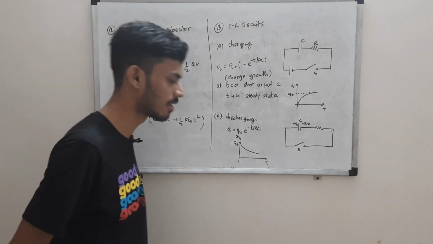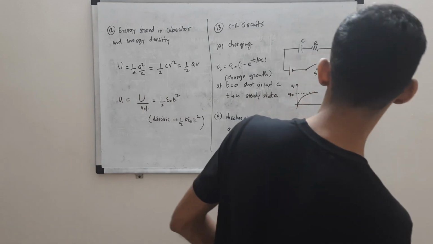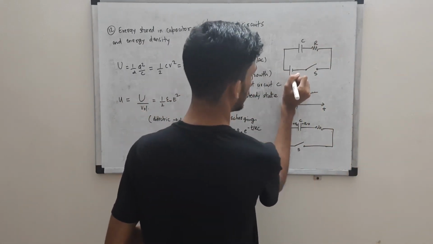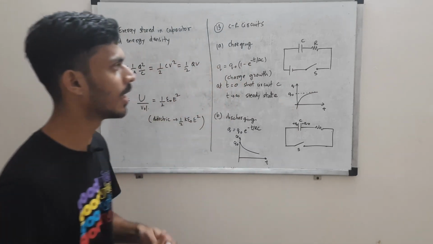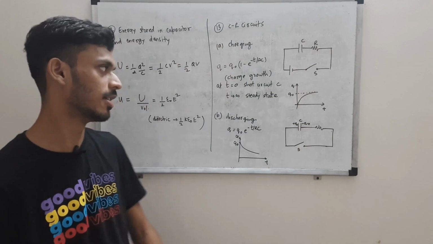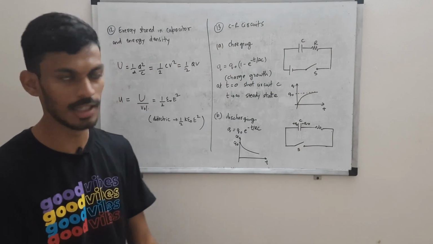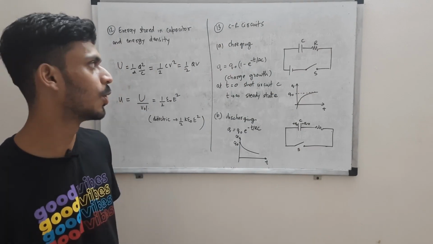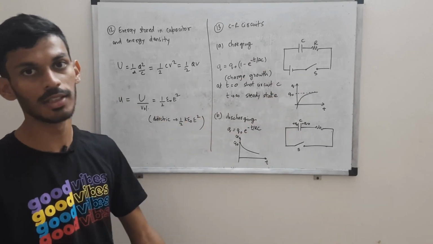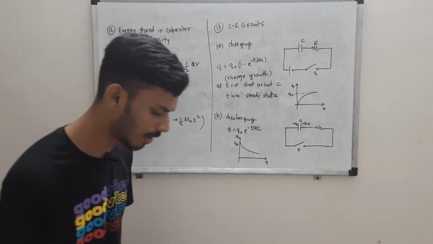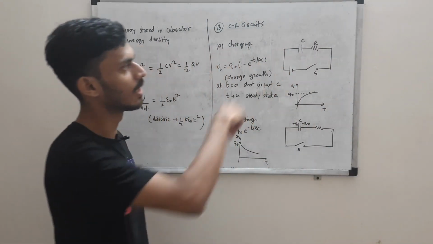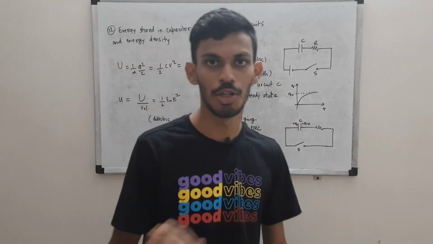Let's come to RC circuits. Here we have a circuit with some voltage provided to it, and here is a switch. We have a capacitor and a resistor in the circuit. The capacitor is initially not charged, it is at 0 charge, and once we close this switch, what is going to happen? Current is going to flow, just for a short while, because at t equal to 0, this capacitor will basically act as a short circuit.